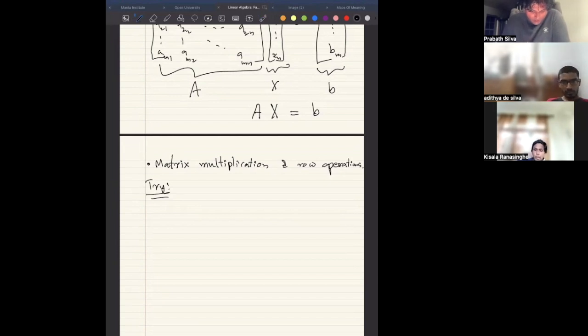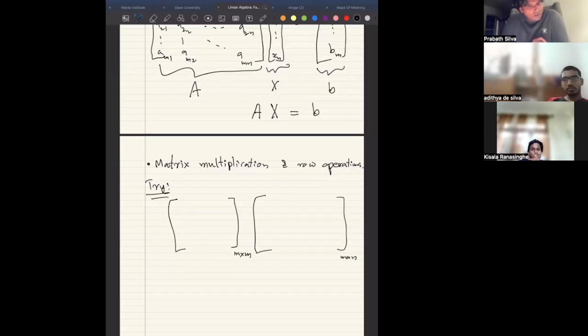Let's take this matrix, m by n matrix. We have this m by m, all ones on the diagonal, and this one is called the matrix Im.